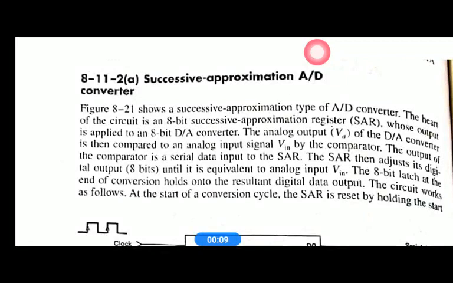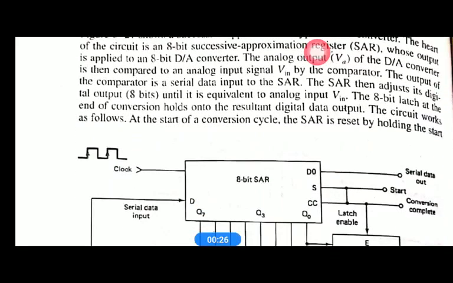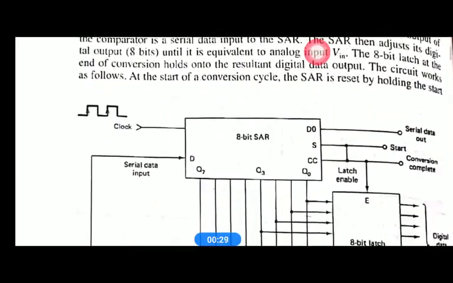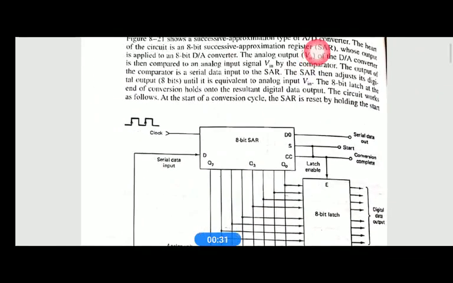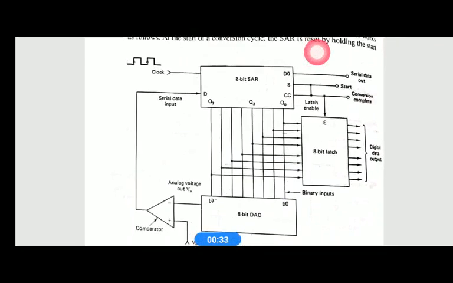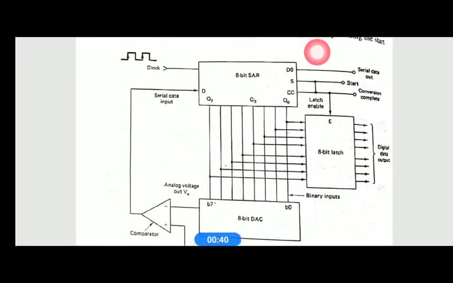So today in this session, we are going to discuss the successive approximation analog to digital converter. You see in figure 8.21, the successive approximation analog to digital converter consists of an 8-bit SAR, since it is an 8-bit analog to digital converter.